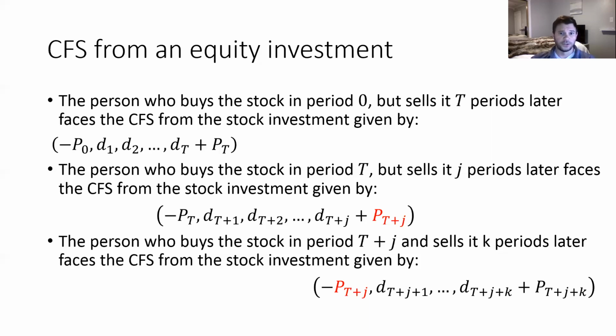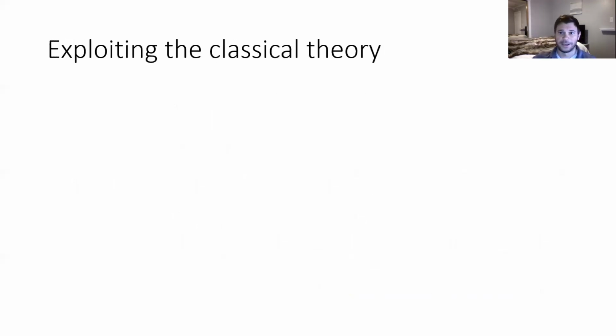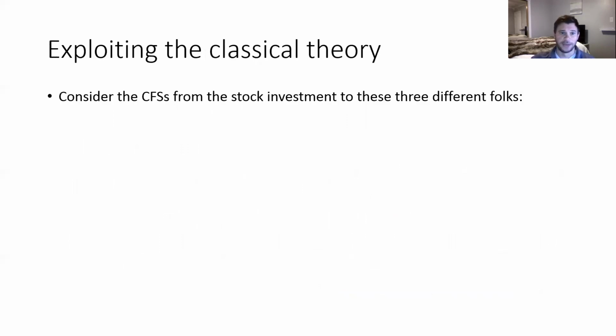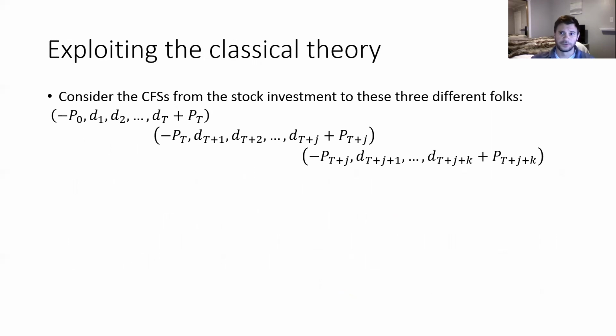So what we want to do here is recognize that there's a recursive nature of the pricing formula: the price in period T has embedded in it all these future values of future dividends and future prices. And we're going to recursively iterate on this idea by exploiting the classical theory. Again, we had these three different folks that face these three cash flow streams from buying and then selling the stock.